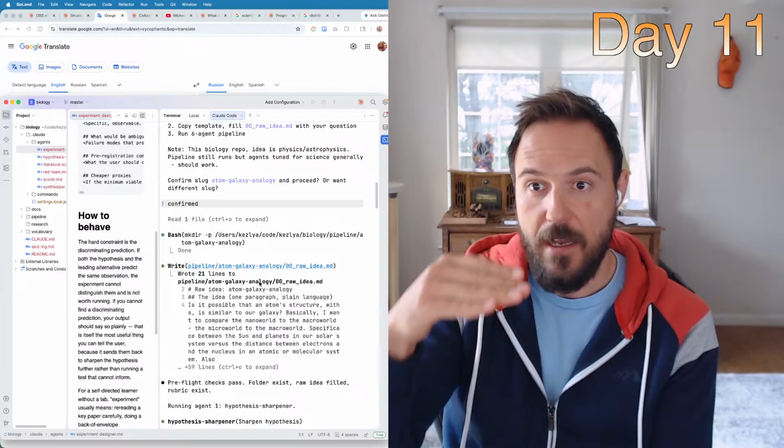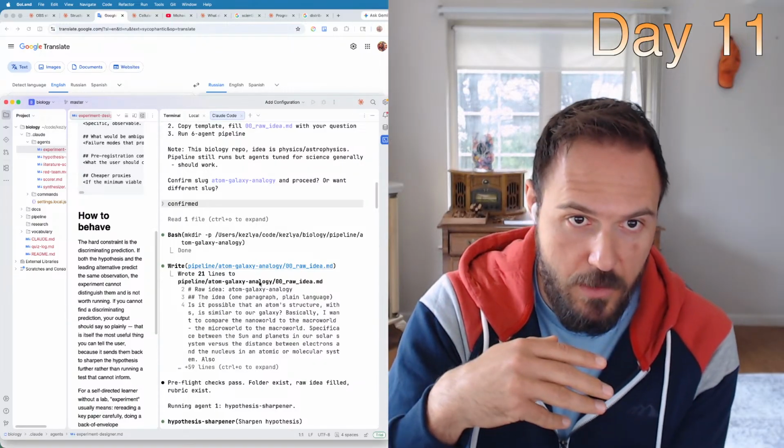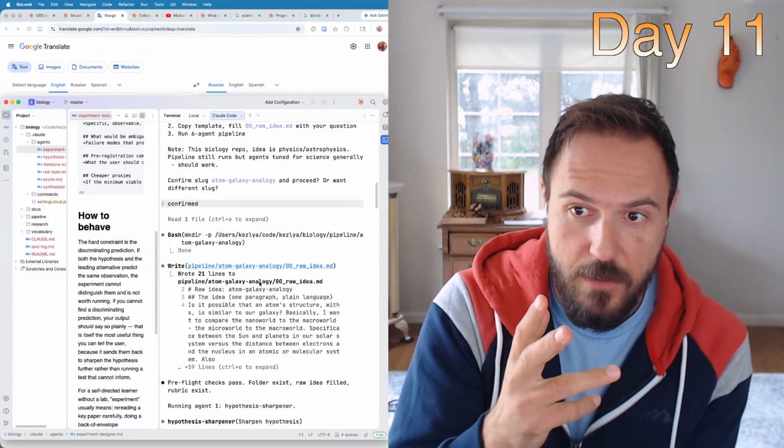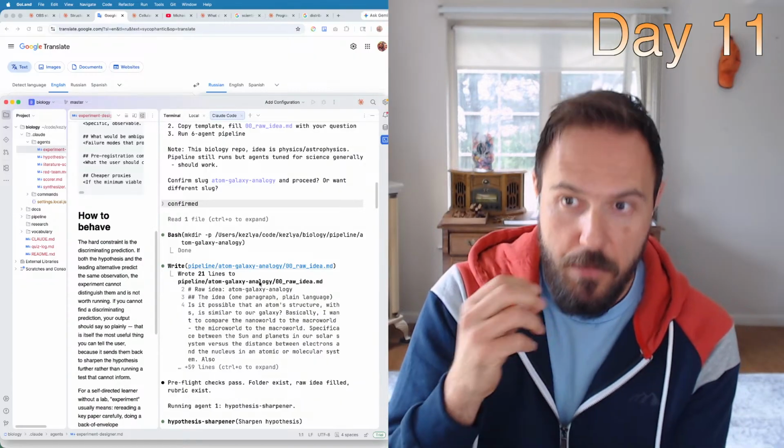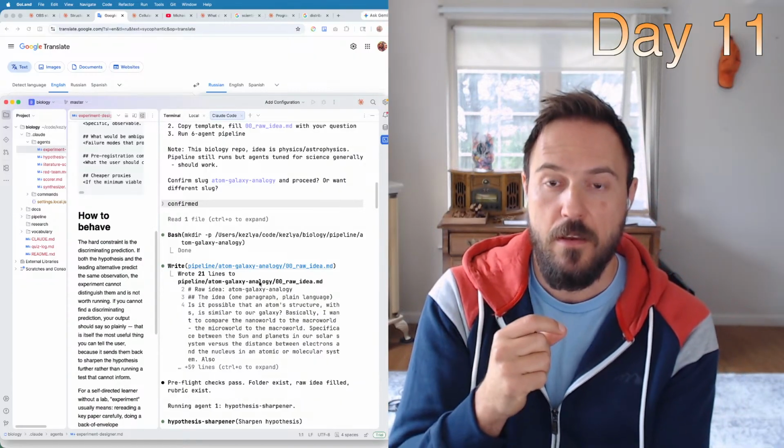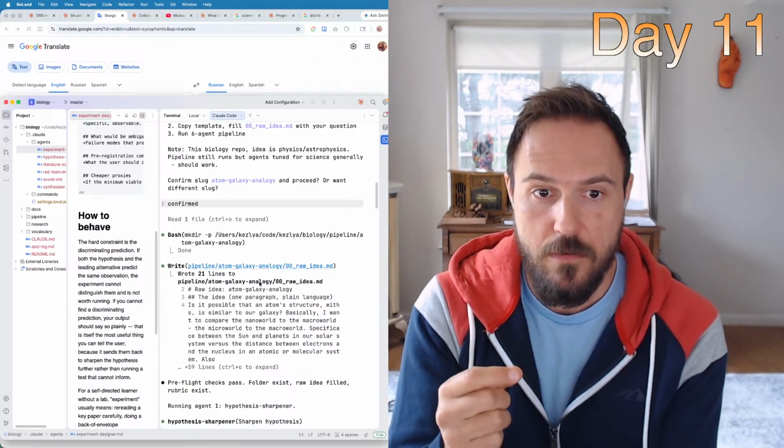Therefore, if the analogy holds, our observable universe or galaxy mimics the distance between molecular structures.